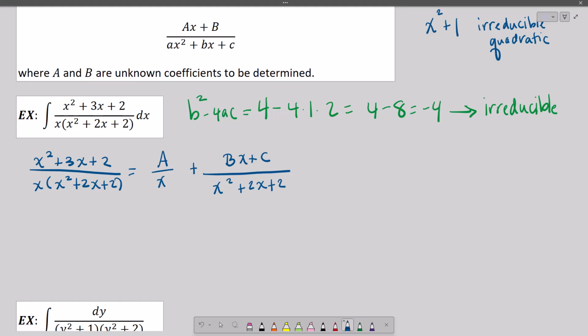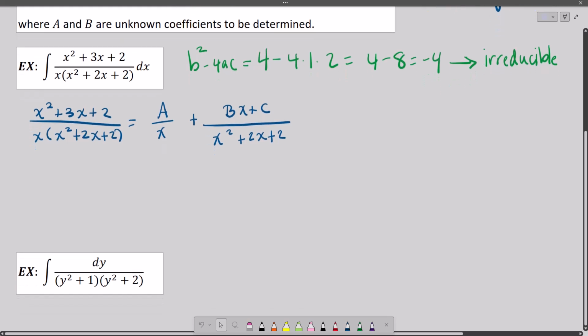And if that irreducible quadratic happened to be cubed, you would end up with two extra factors, another one for this squared and another one for this cubed. So the same pattern that we did for the linears: you would have to have a fraction for every power of the factor.